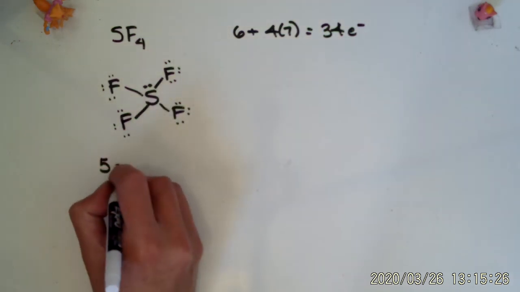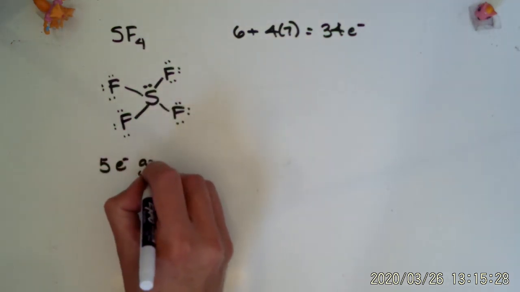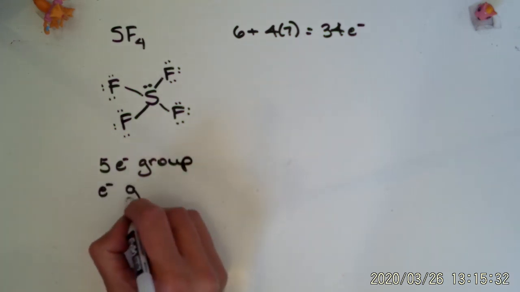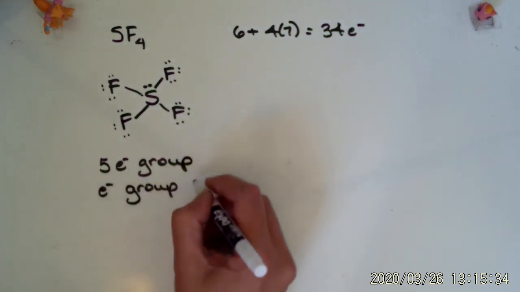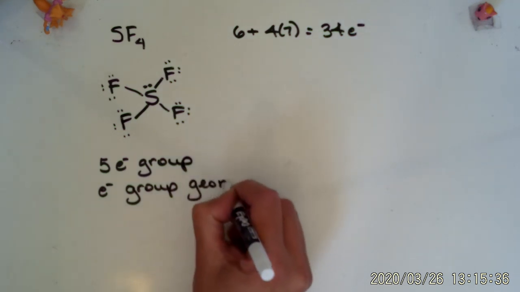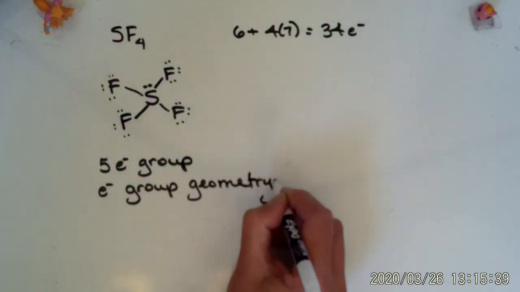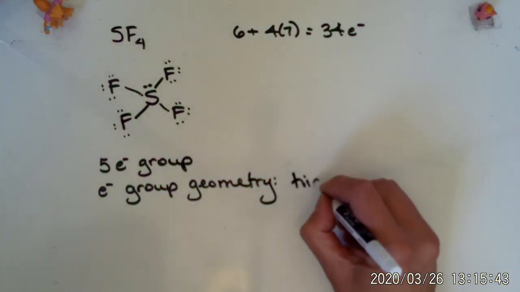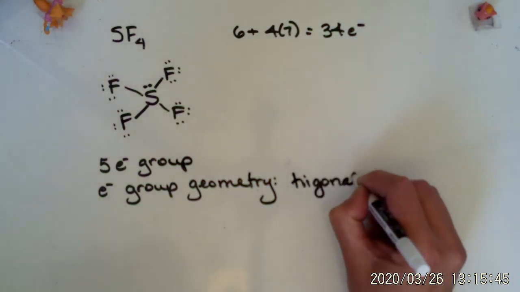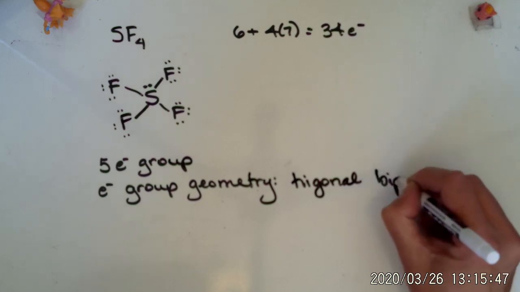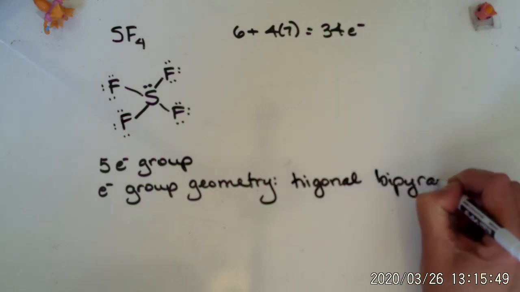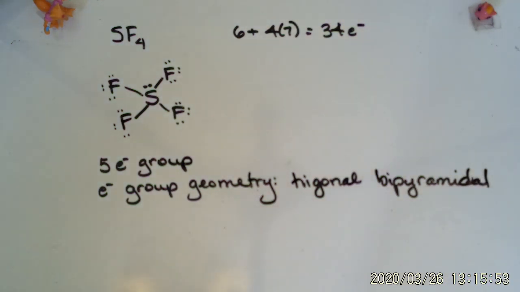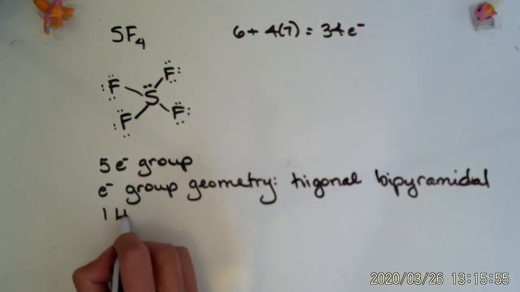I have 5 electron groups, which means my electron group geometry is trigonal bipyramidal. I have 1 lone pair.